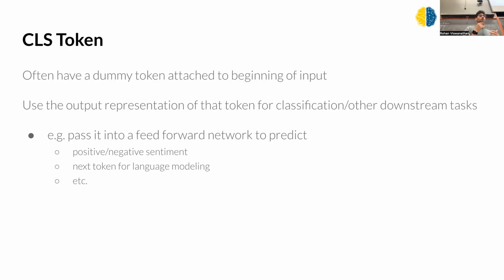After the pre-processing and tokenization, this CLS token becomes the first token in our output, and it has a corresponding output representation in the model's hidden layers. This can be used for a variety of downstream tasks. For example, in a sentiment classifier, we can pass our CLS through a feed-forward neural network with a softmax at the end to predict positive or negative sentiment after passing it through our transformer model.